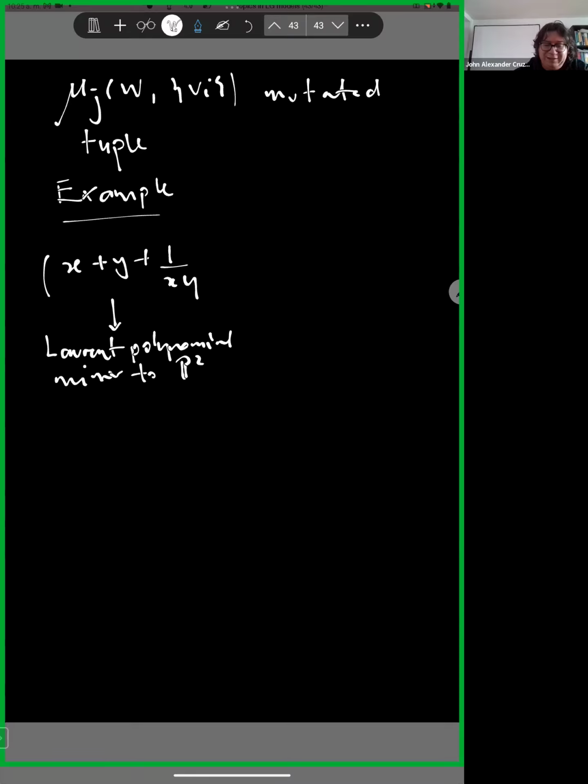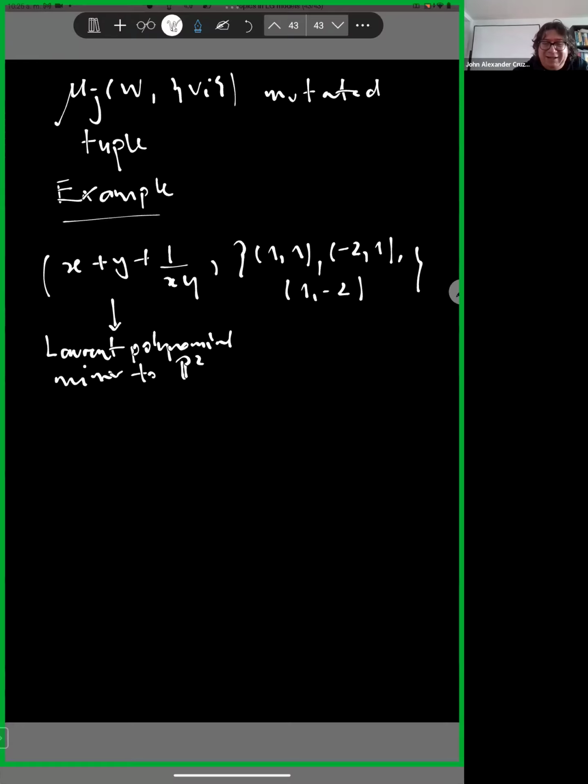You have this Laurent polynomial, and then consider the following collection of vectors: (1, -2), (-2, 1), and (1, 1). In fact, this is not really an arbitrary collection. We can get this collection of vectors from some combinatorics, from toric geometry, a polytope associated to this Laurent polynomial.